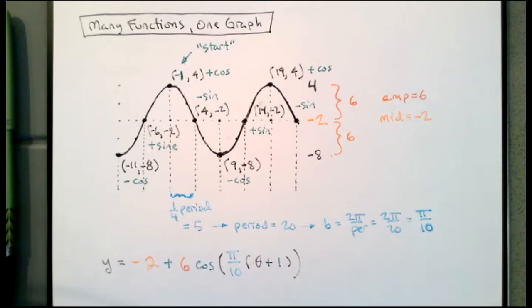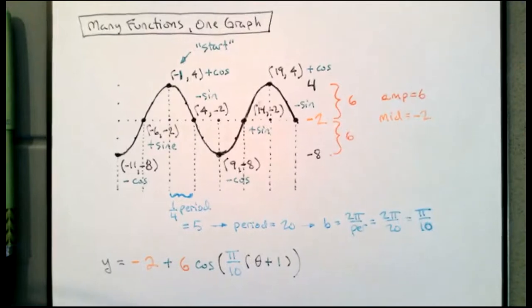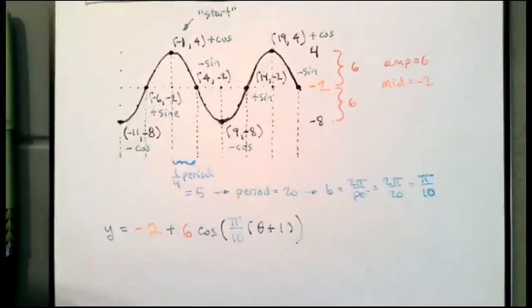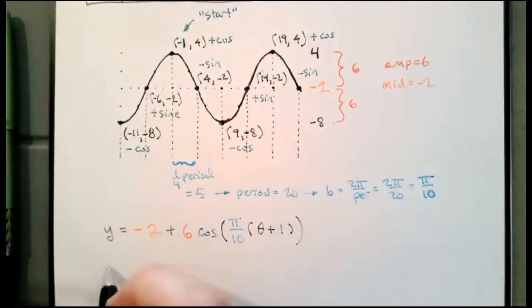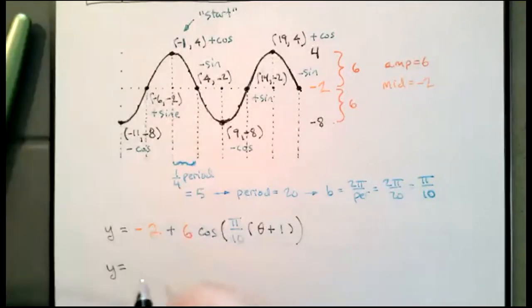Once I've got all these points labeled, we can write an equation with any of them as a start. So for example, let's suppose that I'm reading -6, -2 as the start. The middle is still -2. That's not going to change.